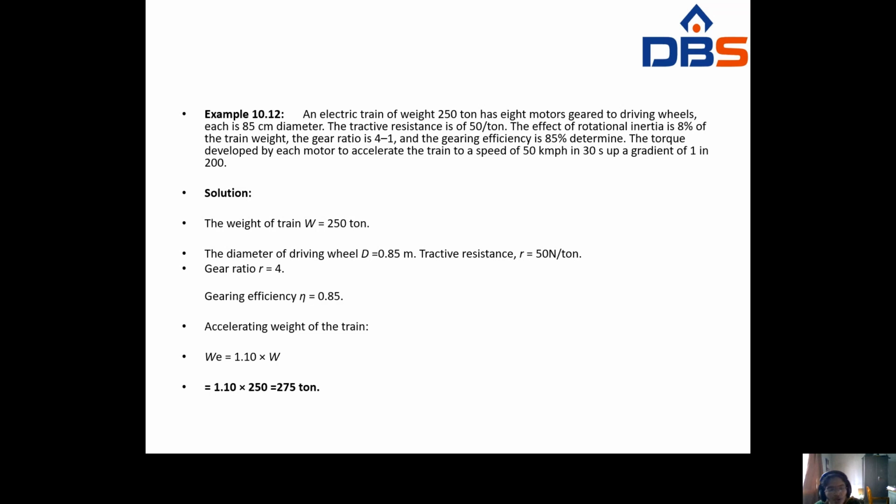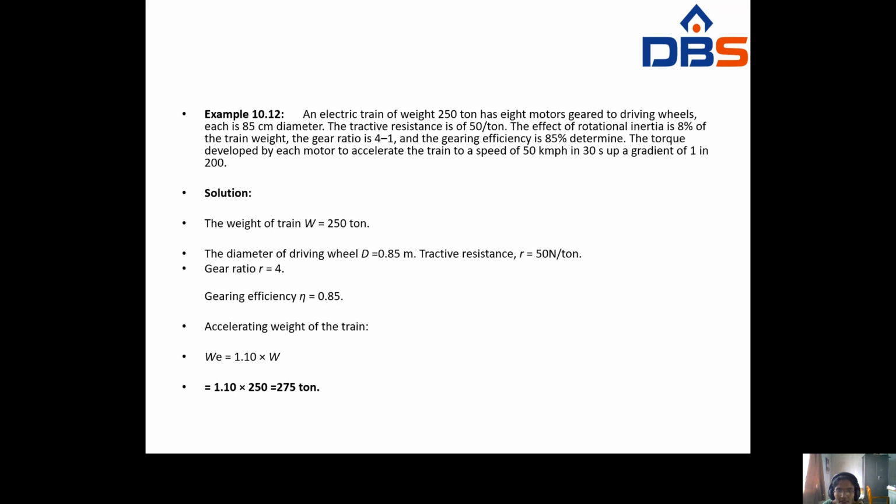So now, what is the problem given? The electric train of 250 tons has 8 motors geared to driving wheels, each with 85 centimeter diameter. The tractive resistance is 50 per ton, the effect of rotational inertia is 8%, the gear ratio is 4, and the gear efficiency is 85%.